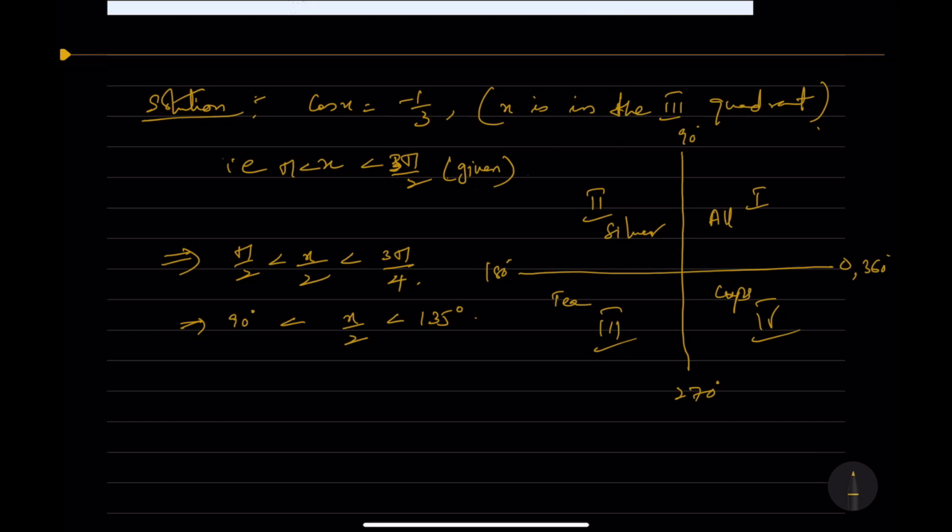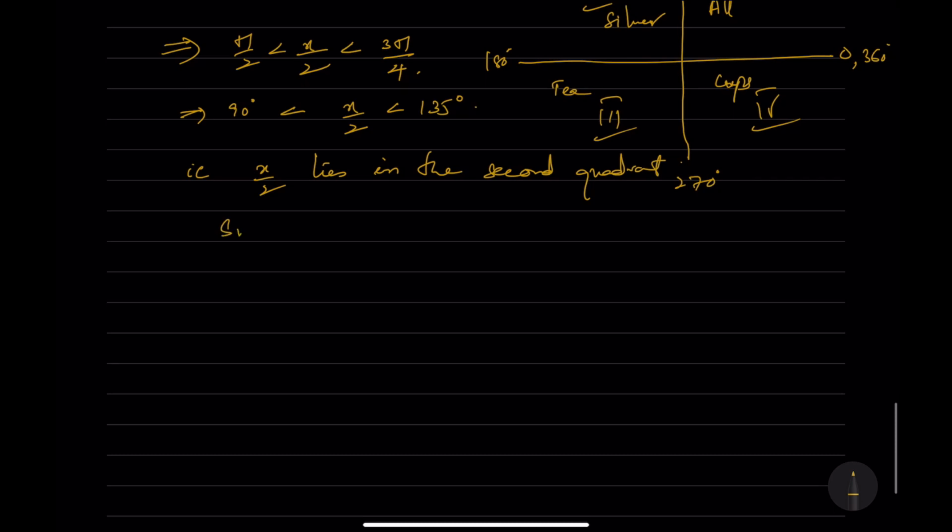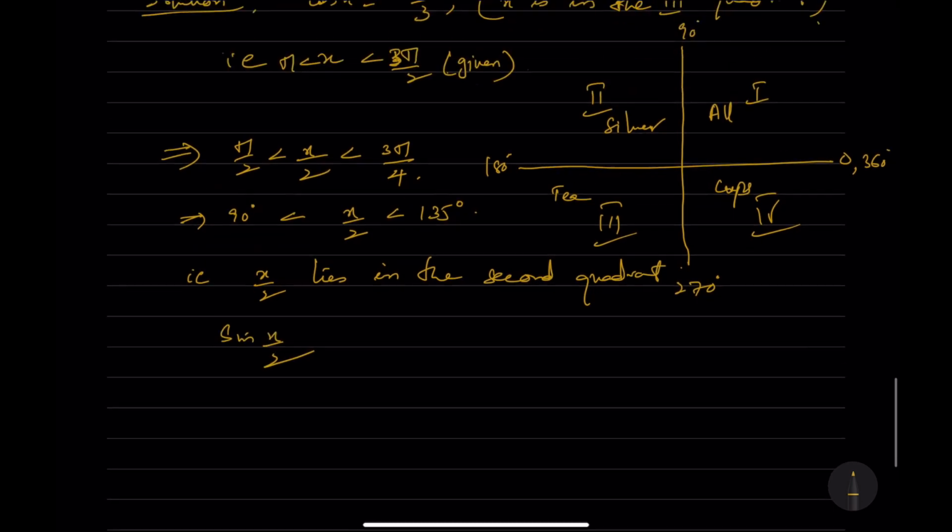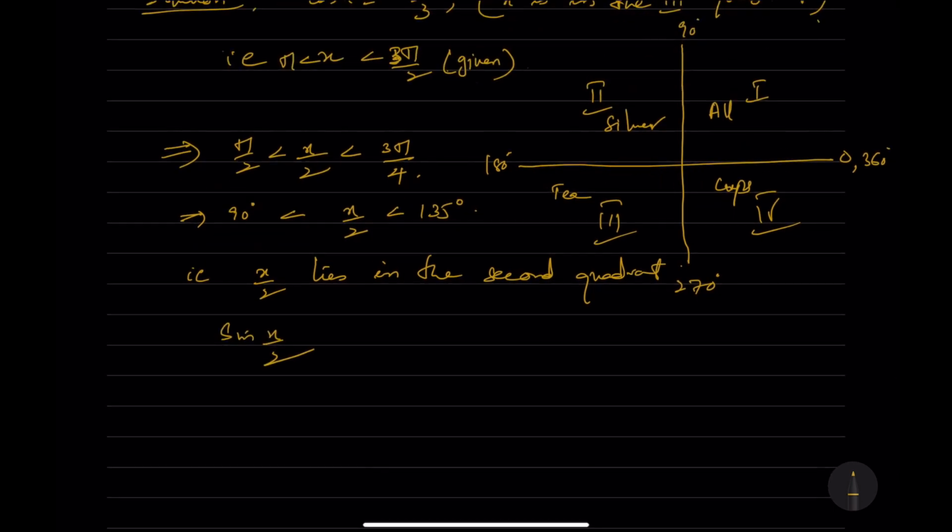So x by 2 lies in the second quadrant. So in the second quadrant, only sine and cosecant are positive. Sin x by 2 is greater than 0, cos x by 2 is less than 0 and tan x by 2 is less than 0.